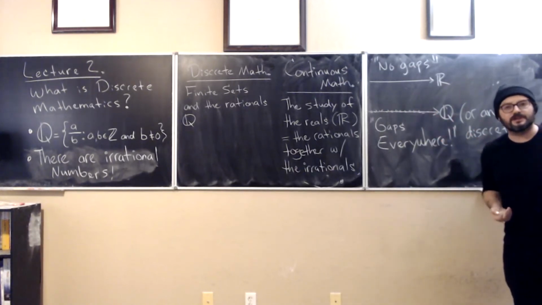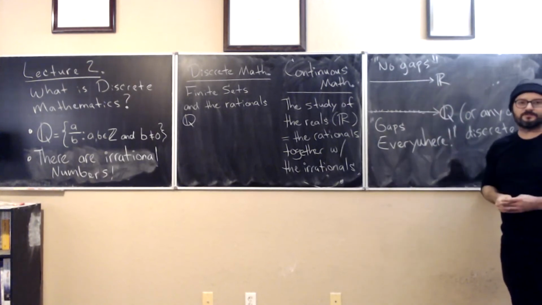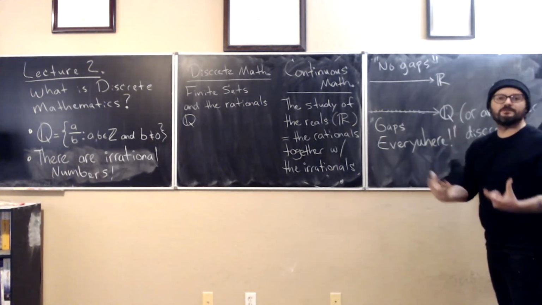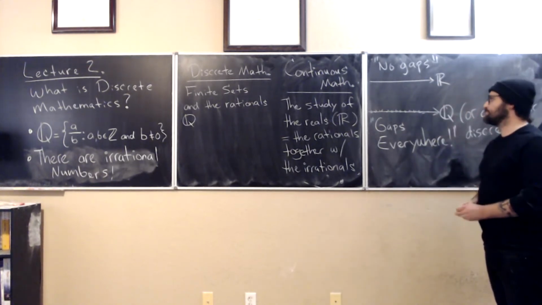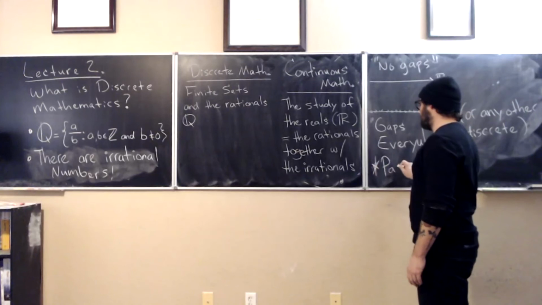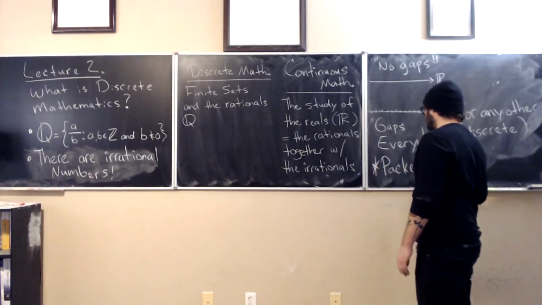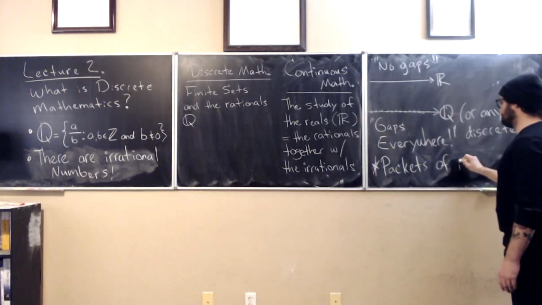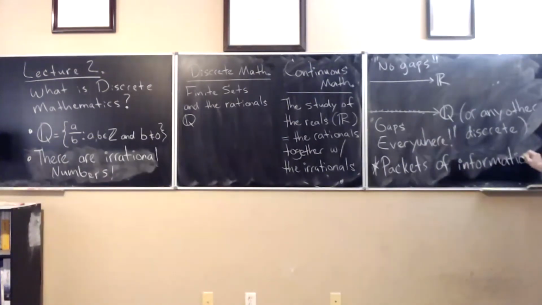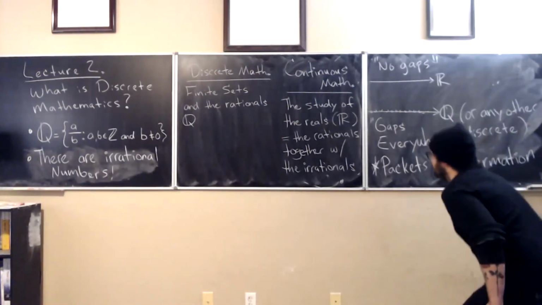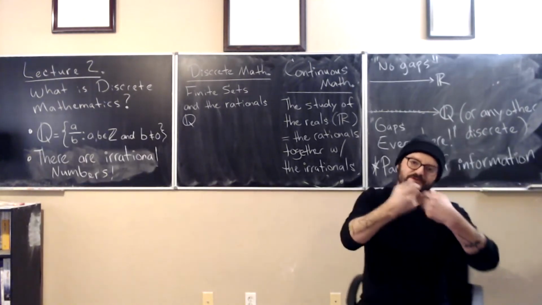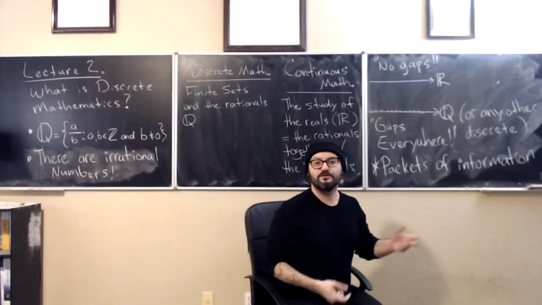And it's a completely different type of mindset to think about this versus that. You can think of the real number line as a continuum without any holes in it. You should think of discrete sets as packets of information. So if you're a subset of the rational numbers, you're somehow split up into a bunch of little packets of information, of numbers or whatever.